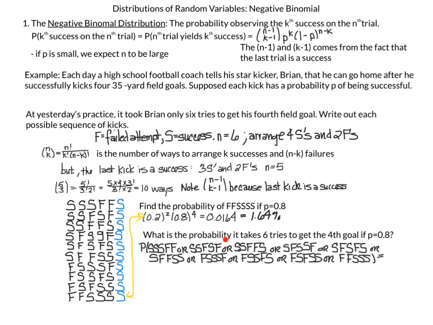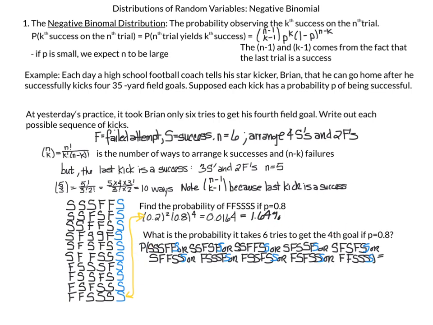I didn't always put the blue S's here, but remember there's a success at the end. Maybe I should write them in. And then I just went down the list of all 10. So these are the different ways of having 4 successes, 2 failures. In other words, 4 successes and 6 tries.